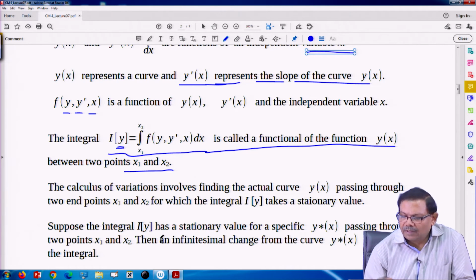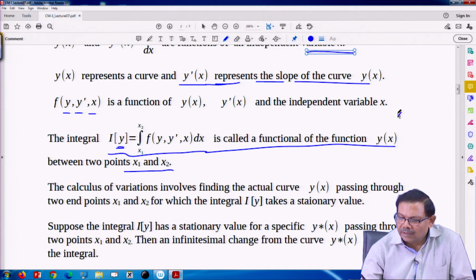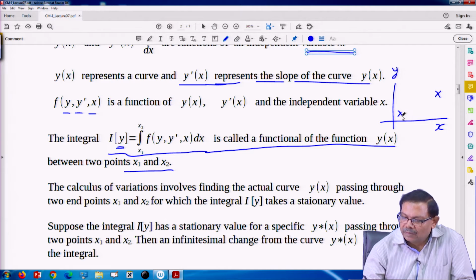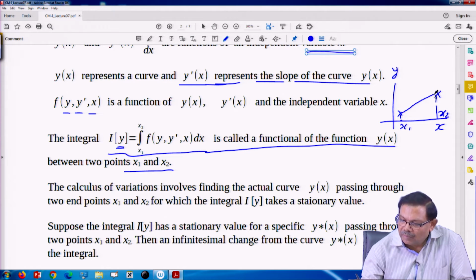So, if there are 2 points x 1 and x 2, let us say I plot here x and this is y. So, this is x 1 and this is x 2. There may be an infinite number of curves passing through x 1 and x 2 in this x y plane.